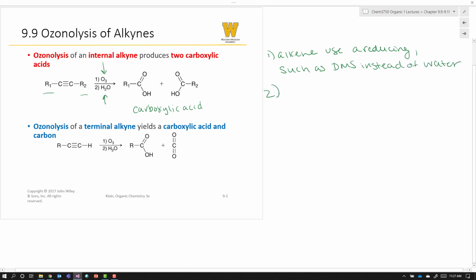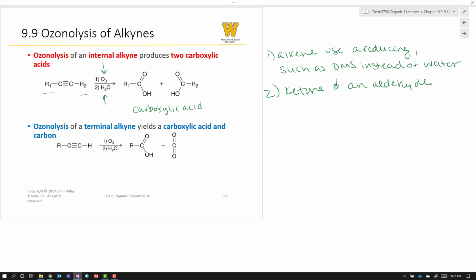And then the other big difference with the alkene ozonolysis that you learned in Chapter 8 is that you're making a ketone and an aldehyde. For this, we are making carboxylic acids.